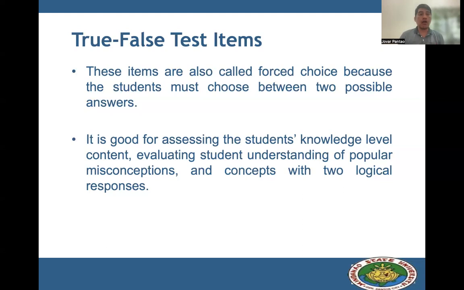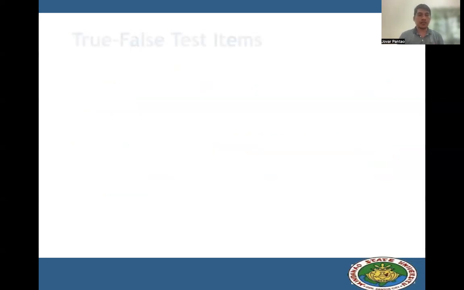So these are all under lower order thinking skills. But if you're going to construct it properly, you can gauge whether the students have understanding of the concept that you have introduced.